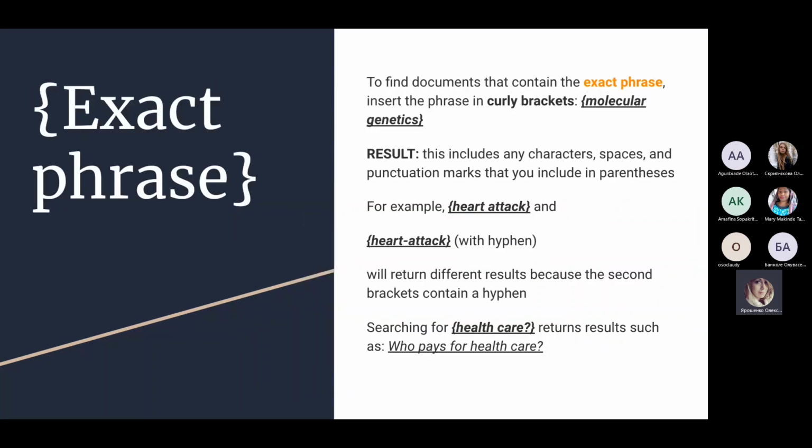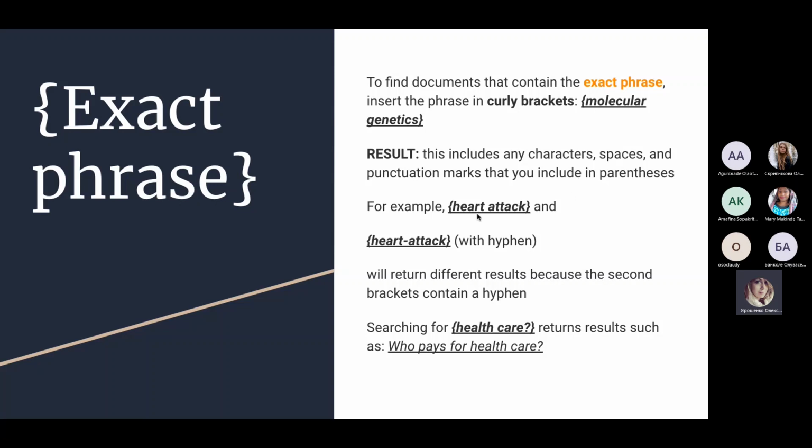Let's look at them. Exact phrases. If we have an exact phrase, for example, molecular genetics, we need to take this phrase into curly brackets. In result, we will have all characters, spaces, punctuation marks that we included in the curly brackets.